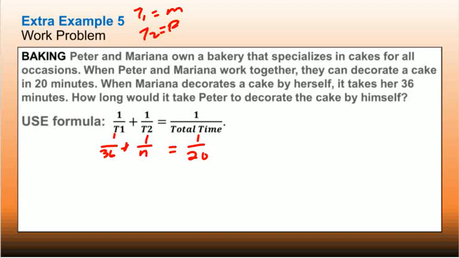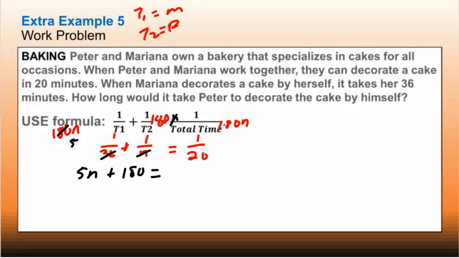So if I do 180n for all of these, 180 divided by 36 is 5. So this will give us 5n plus 180 equals, 180 divided by 20 gives us 9.